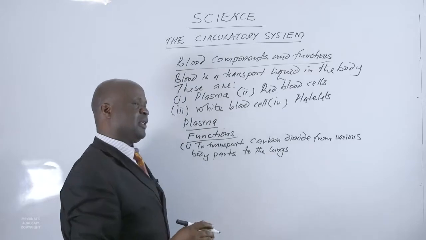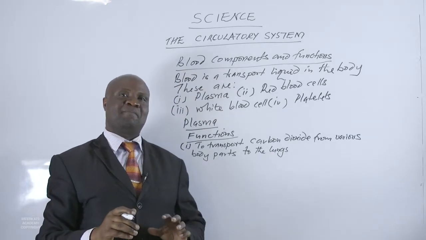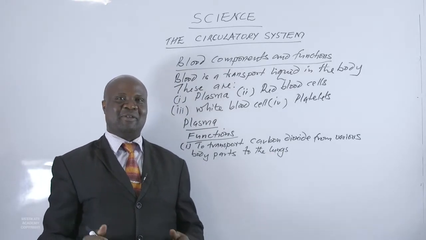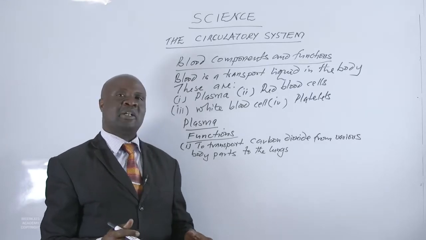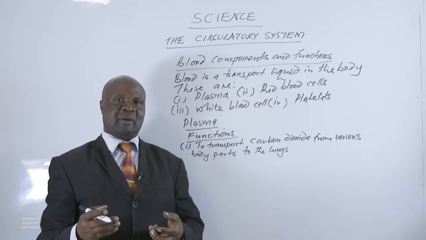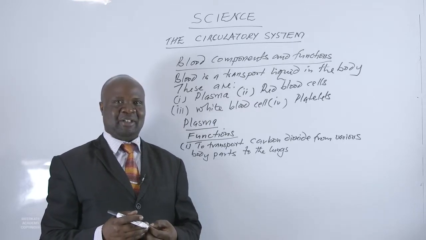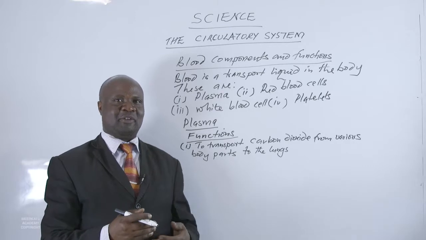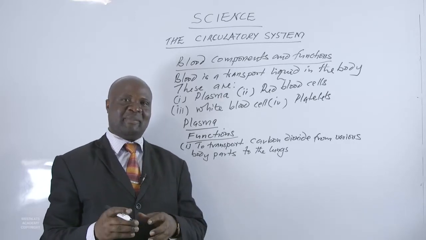When the plasma, through the veins, is transported to the lungs, the lungs pick up that carbon dioxide. It diffuses out through the alveoli, where there are many blood capillaries.